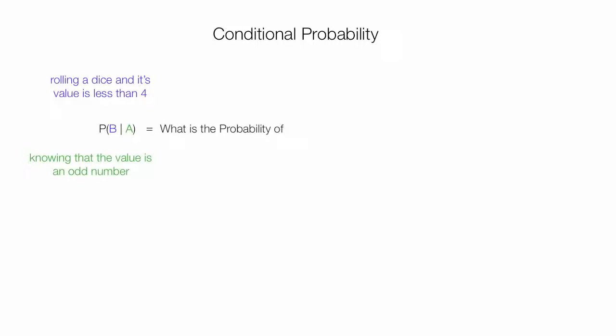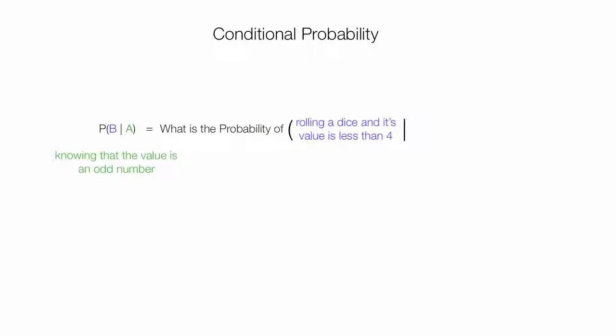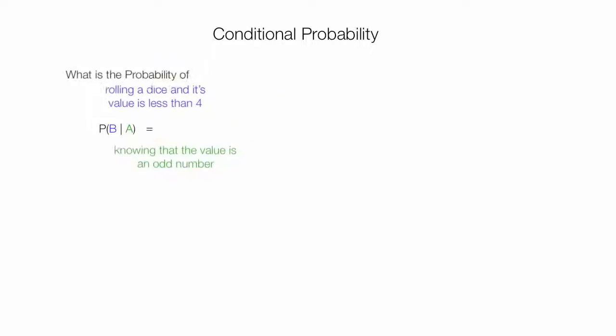What is the probability of rolling a dice and its value is less than 4 and knowing that the value is an odd number? But that would be really cumbersome, and that's why statisticians use the shorthand notation that they do.